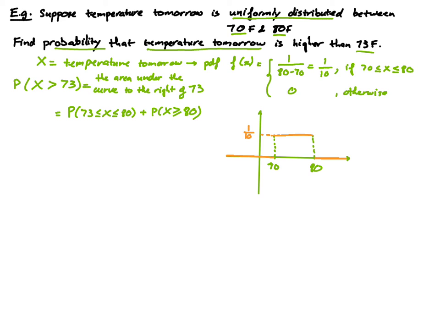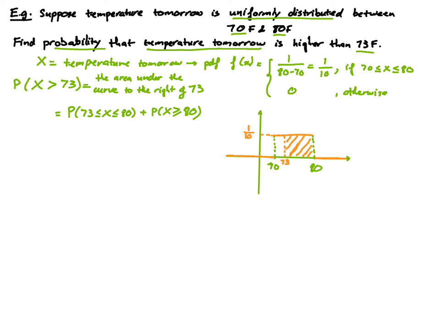In other words, in the context of this problem in the figure here, if I have 73 being right here, then the first term is just the area of the shaded rectangle, and then the second term is the area under the curve to the right of 80.